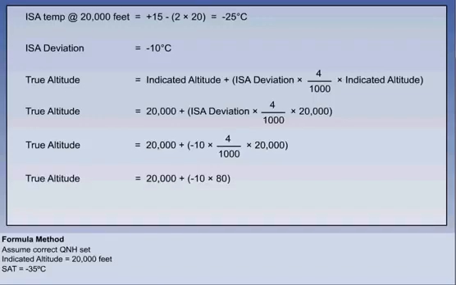The part in the brackets comes to minus 10 times 20 lots of 4. That's minus 10 times 80. So that's 20,000 minus 800. The true altitude is 19,200 feet.